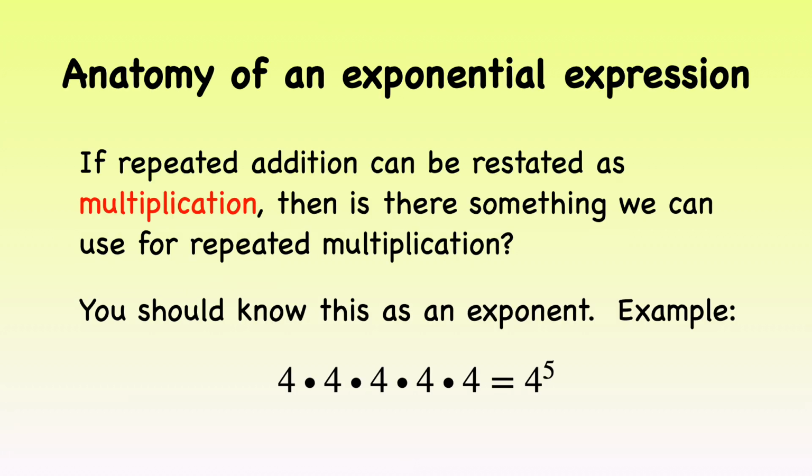If repeated addition can be restated as multiplication, then is there something we can do for repeated multiplication? You should know this as an exponent. For example, if I multiply 4 times 4 times 4 times 4 times 4, that is written as 4 raised to the 5th power. 4 with an exponent of 5.